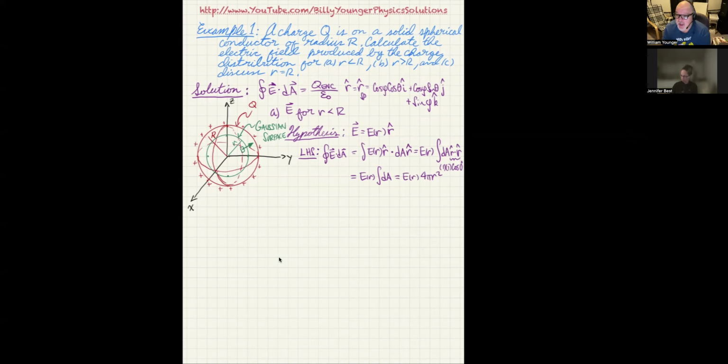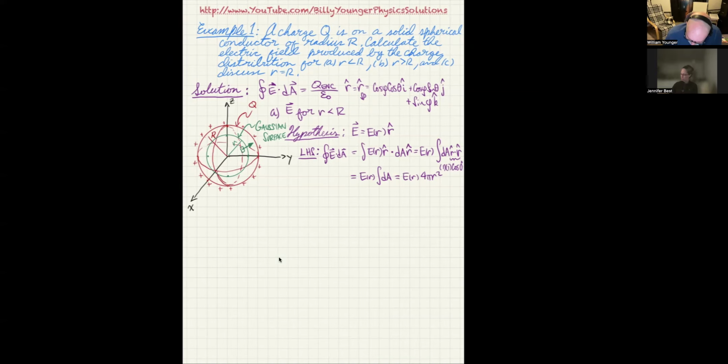The left-hand side is always supposed to turn out to be some electric field magnitude times some area. There might be other terms that are 0. It might be 2 times the electric field times the area, but the main thing is you're always going to get an electric field times an area if you're trying to use Gauss's law in integral form to solve for the electric field. Okay, which is what we're doing.